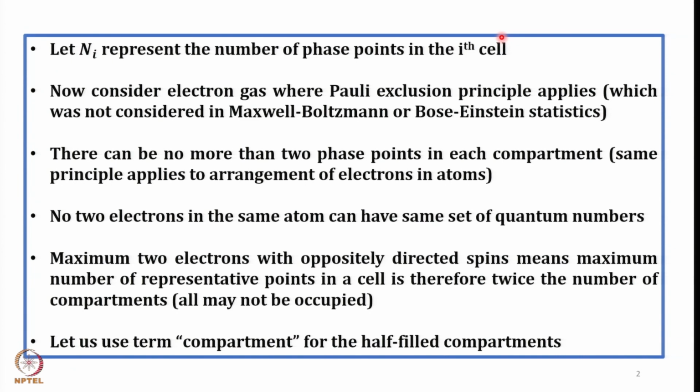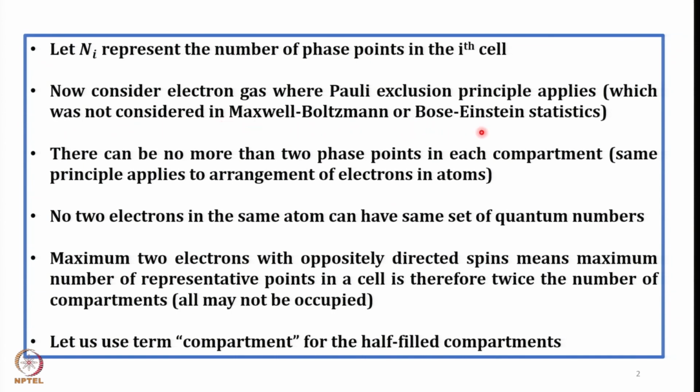However, when you are specifically considering the electron gas, see the comment. Now consider electron gas where the Pauli exclusion principle applies, which was not considered in Maxwell-Boltzmann or Bose-Einstein statistics.